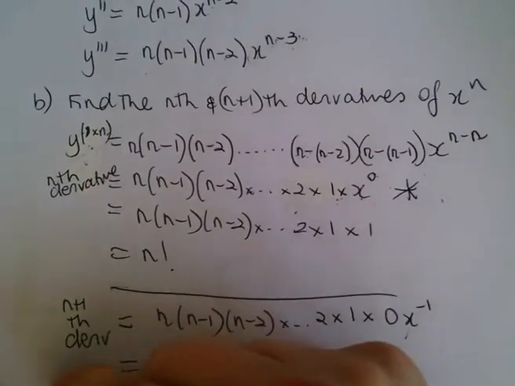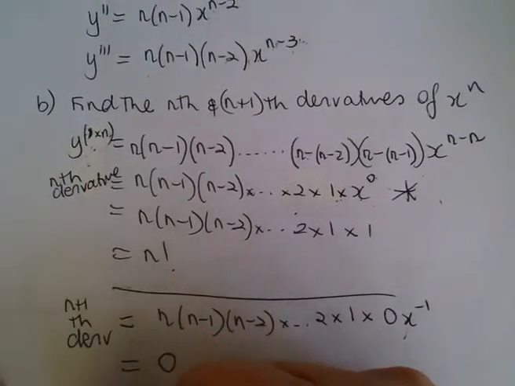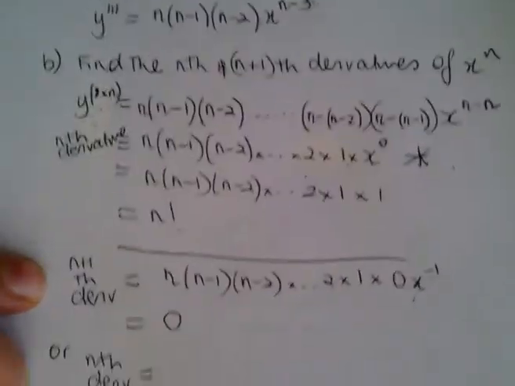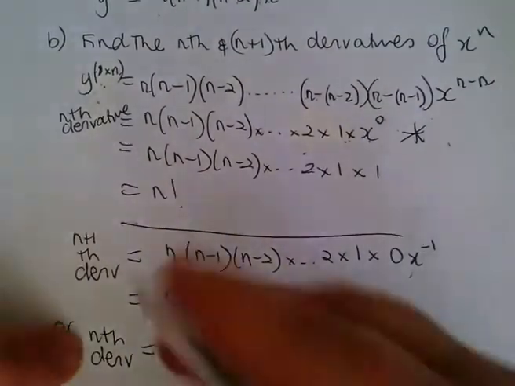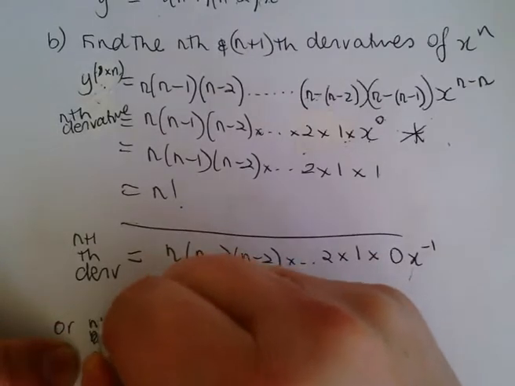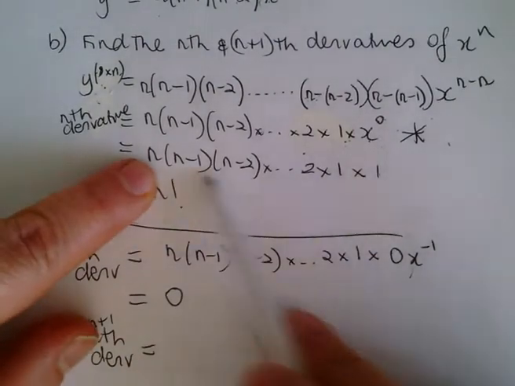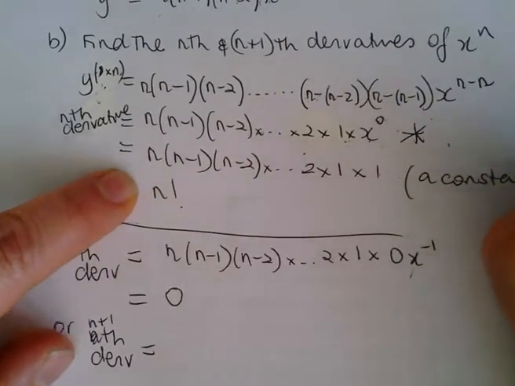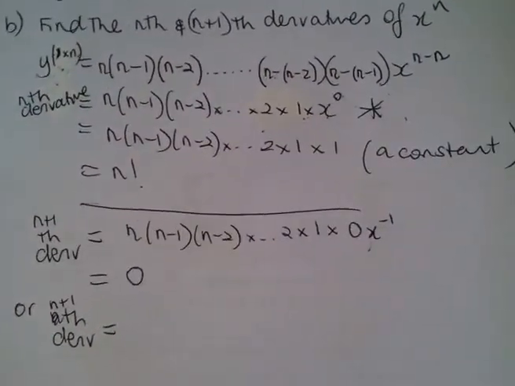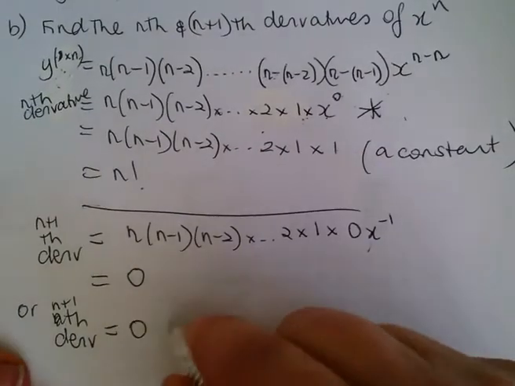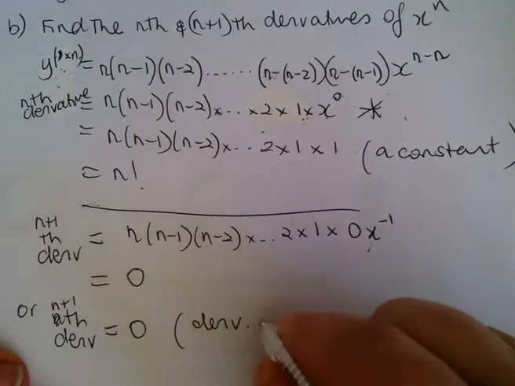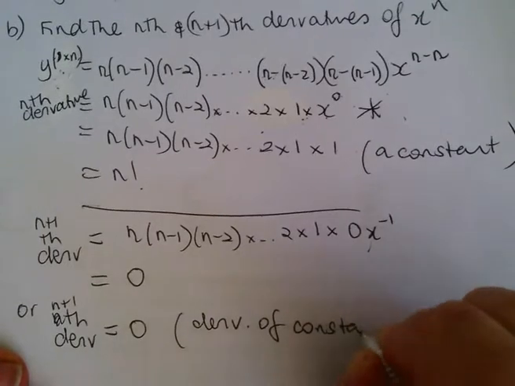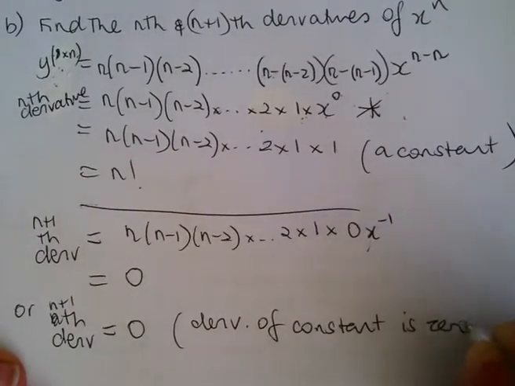Or I could say the n plus 1th derivative is 0 because the nth derivative is a constant, and the derivative of a constant is 0.